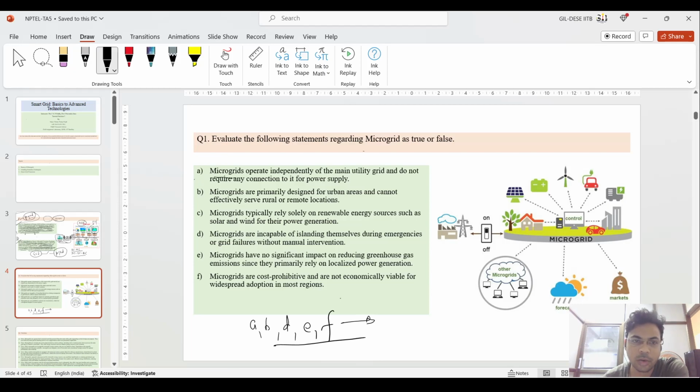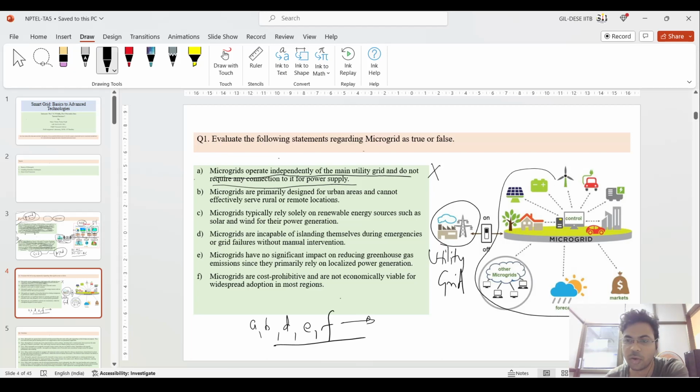Let's read the statements first. Coming to the first statement, it is saying that microgrids operate independently of the main utility grid and do not require any connection to it for power supply. Actually, that is wrong, because I have told you that it is connected, as in the right side figure.